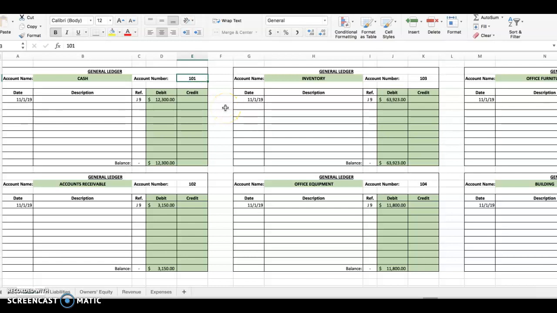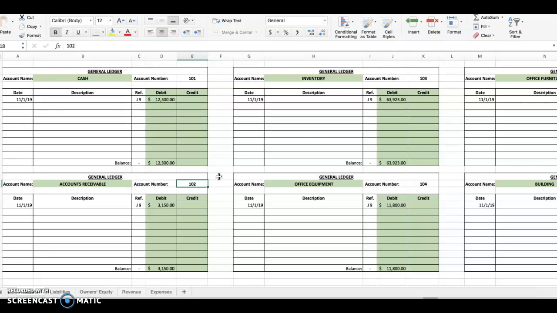And going back to our generally accepted accounting principles, GAAP, generally assets begin with a 1. They don't have to, but generally they do. In this business, the first asset account is 101. Down here, the next one is accounts receivable. It's 102, and so on.